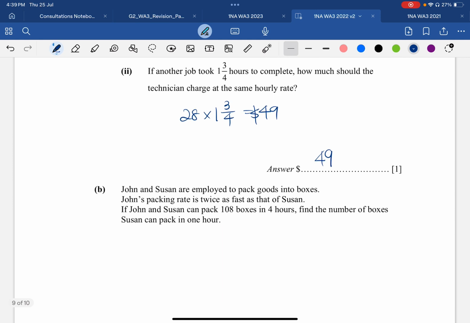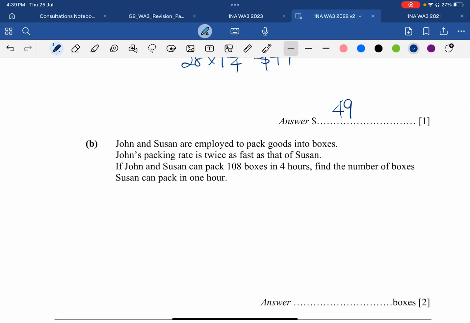Okay, John and Susan are employed to pack goods in a box. John's packing rate is twice as fast as Susan's, and both of them can pack 108 boxes in 4 hours. Find the number of boxes that Susan can pack in 1 hour. Okay, so we're going to let Susan's packing rate be x boxes per hour.